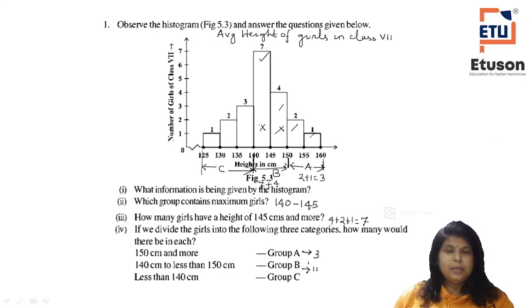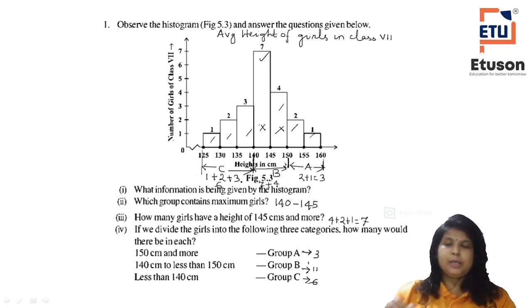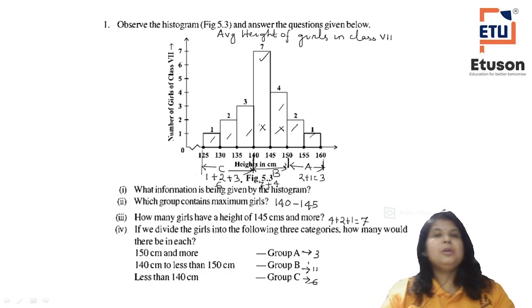What about the remaining, that is group C, less than 140? It includes 3 bars, right? So 1 plus 2 plus 3, which is equal to how much? It is 6. Fine. So this is how by observing the histogram, you can get this much information.